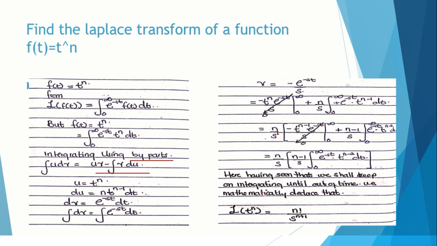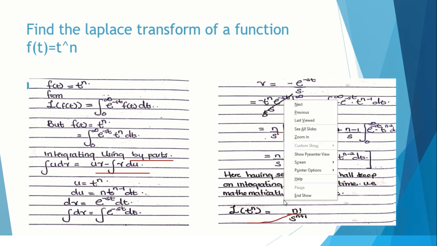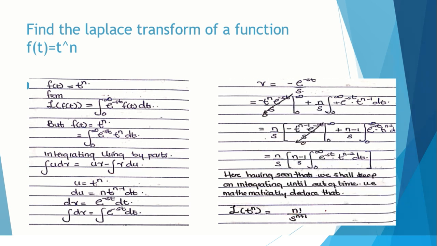So mathematically we deduce that the Laplace of a function t power n is always going to be equal to n factorial over s power n plus 1, being that the n is going to be reducing as we go on, and the degree of s is going to be increasing as we integrate.